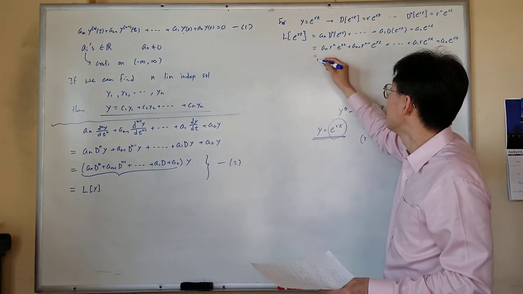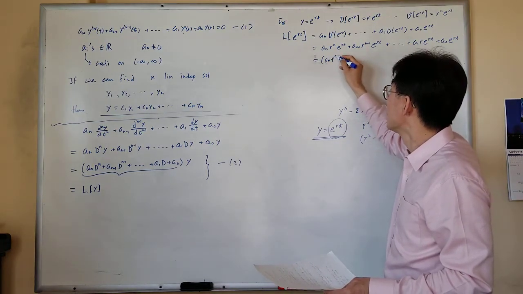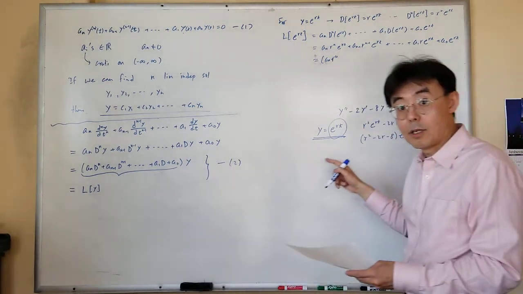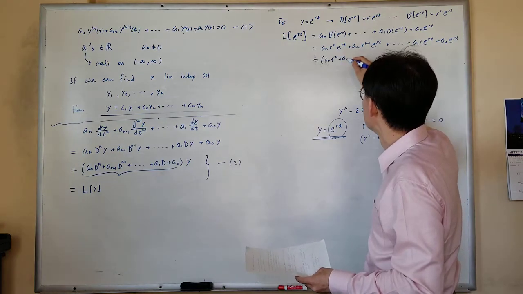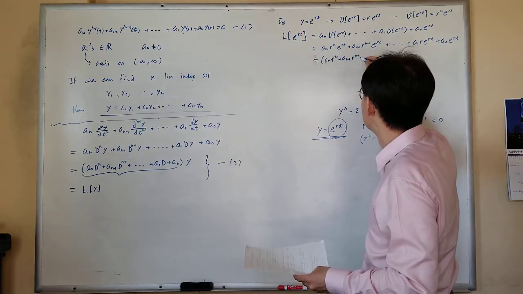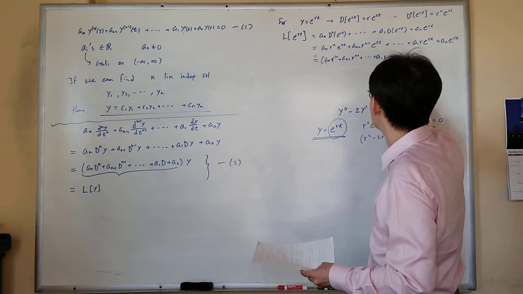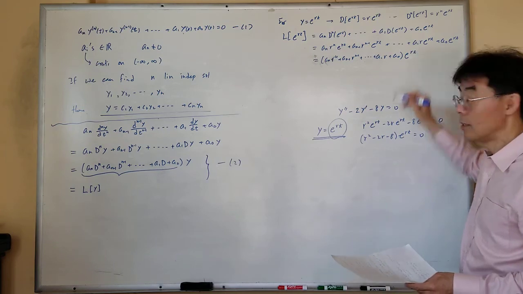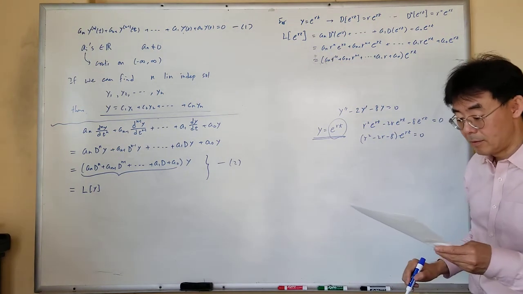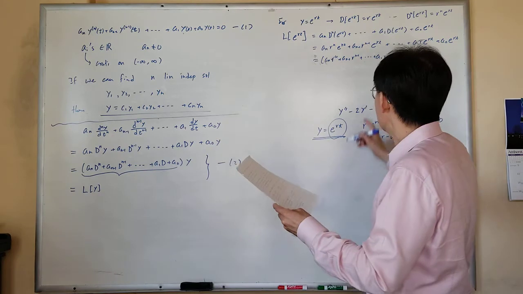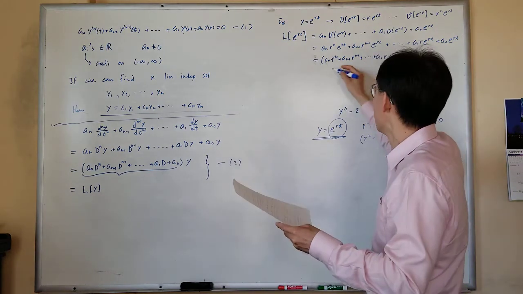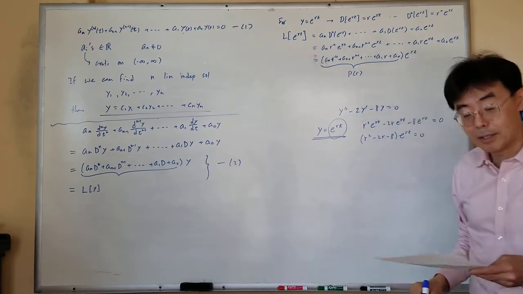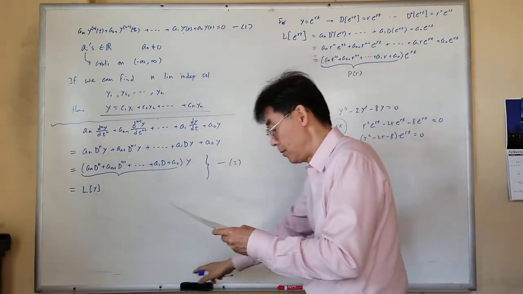Now, a_n r to the n, just the way we did here, times e to the rt. Then you get this polynomial in r times e to the rt. I'm going to call this polynomial in r, p of r.